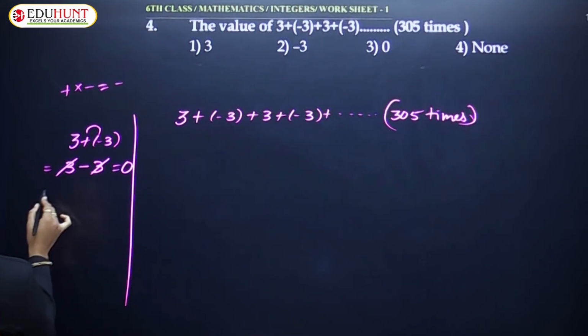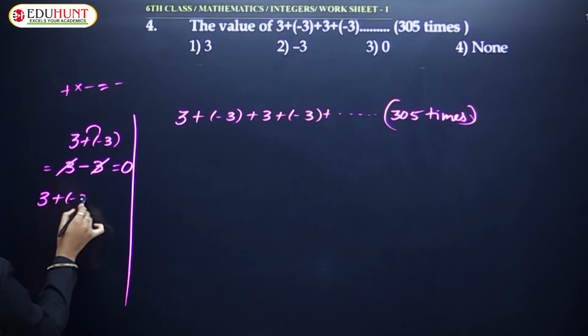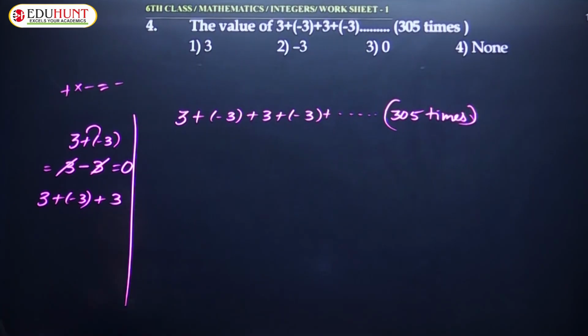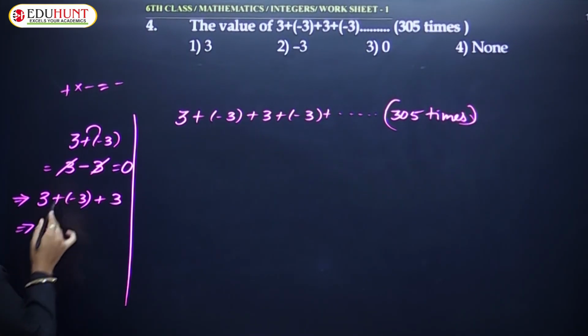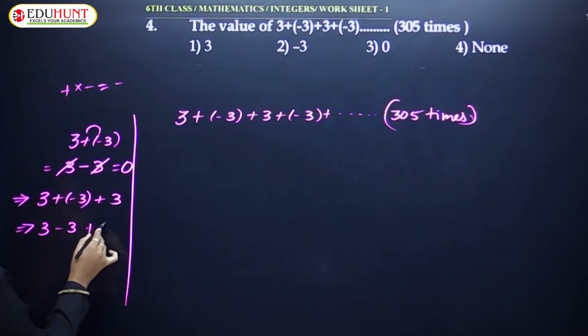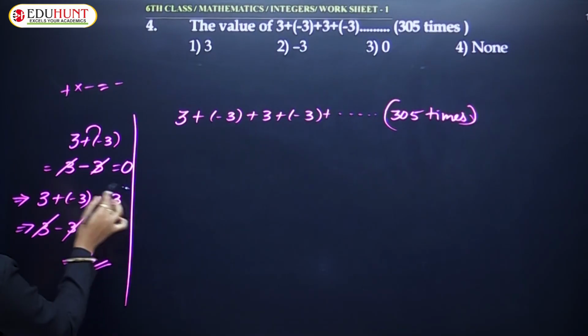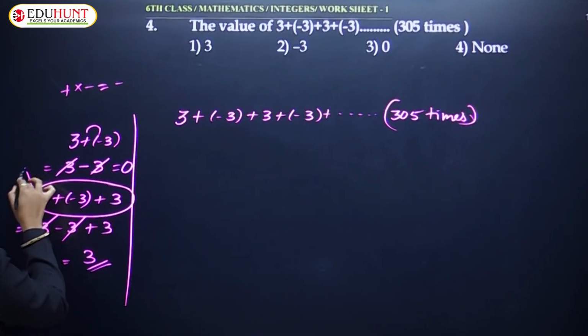Clear? And in the same way, 3 plus of minus 3, again plus 3. So plus 3 minus 3 gets cancelled, leaving 3. When you observe this one, how many times is there? 3 times.